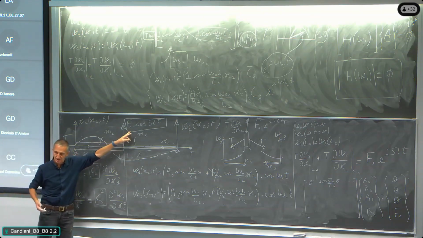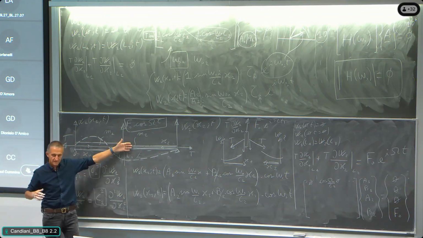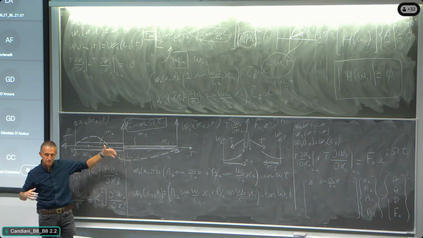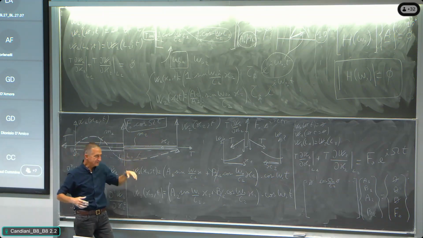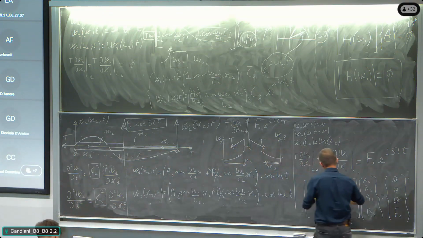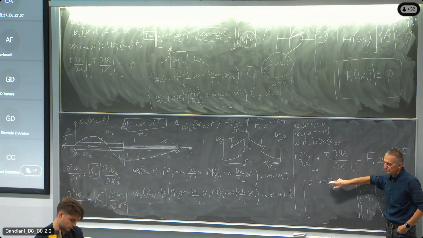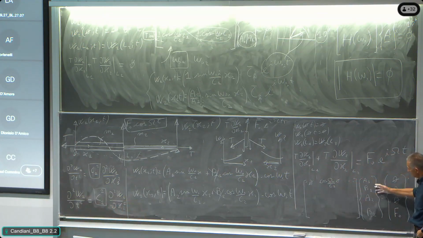If I have an excitation at that frequency, after a certain time it is the only thing that survives. So the only surviving thing is the response of the system at that frequency. And so we write the problem putting omega equal to the frequency of the excitation, and the problem becomes a linear problem with a known vector on the right side.